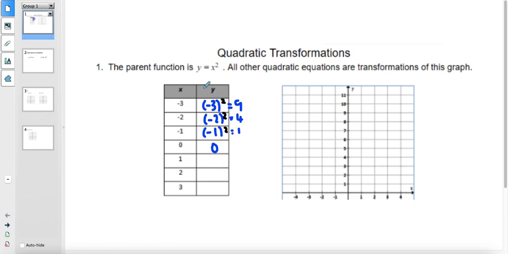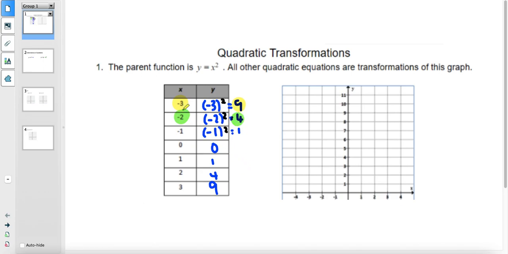If we plug in 1, 1 squared is just 1. If we plug in 2, 2 squared is just 4. And if you plug in 3, 3 squared is just 9. So what you'll notice is we have x and y coordinates here.